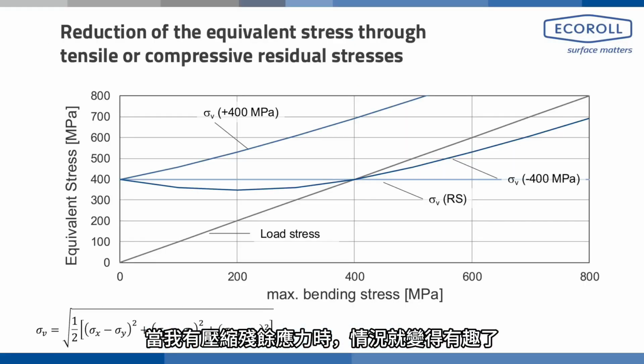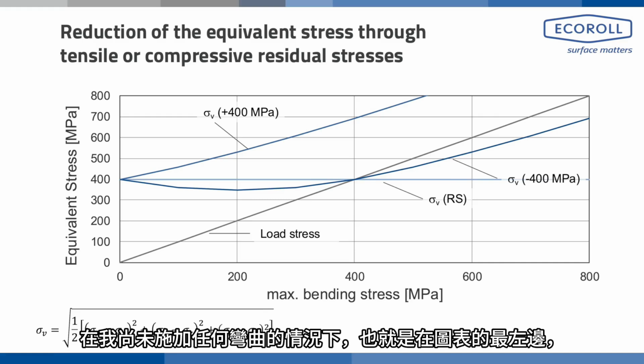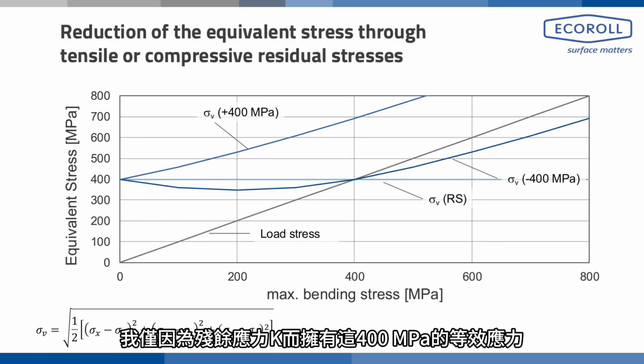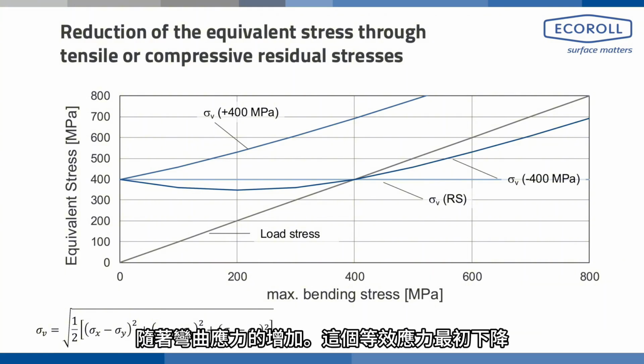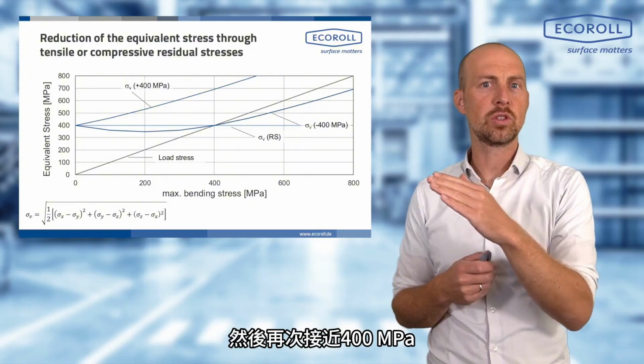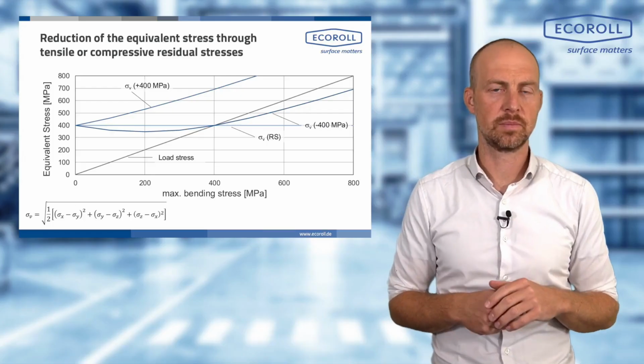It gets interesting when I have compressive residual stress. With compressive residual stresses, in the case where I haven't applied any bending yet, so I'm all the way to the left in the diagram, I also have these 400 MPa equivalent stress simply due to the residual stress case. As the bending stress increases, this equivalent stress initially decreases and then approaches the 400 MPa again.